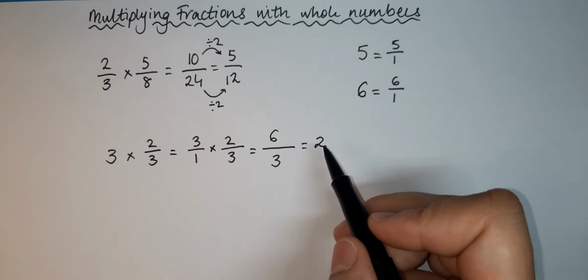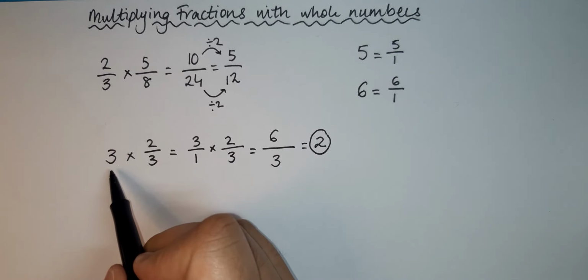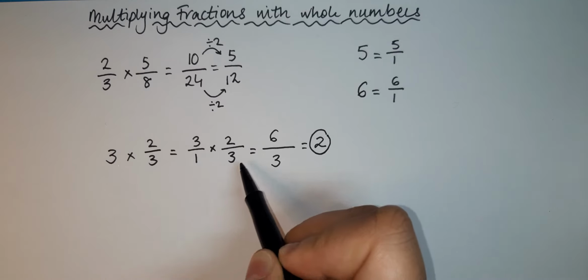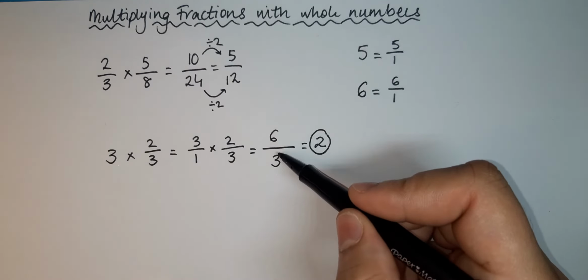I'll just circle the answer here. So again, we've changed 3 into a fraction, 3/1, and then we've multiplied through as we normally would. And here we've got 6/3.